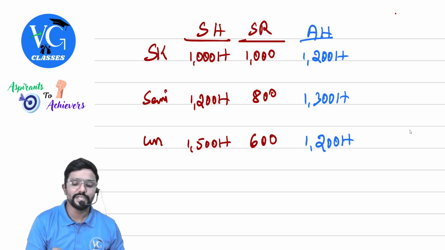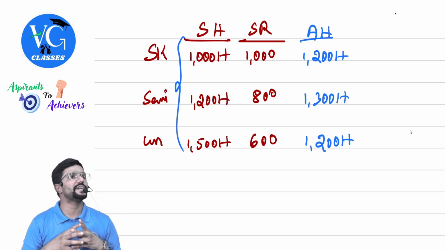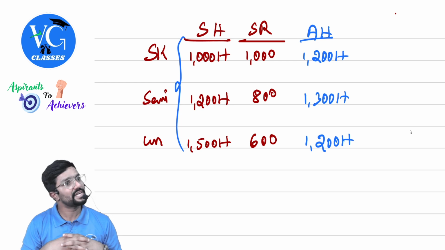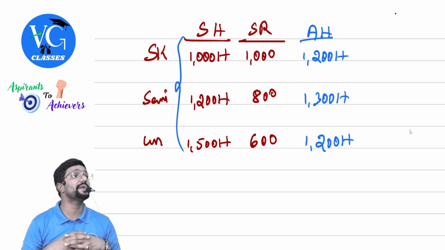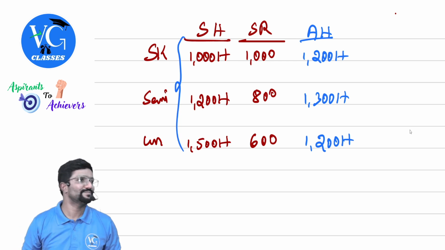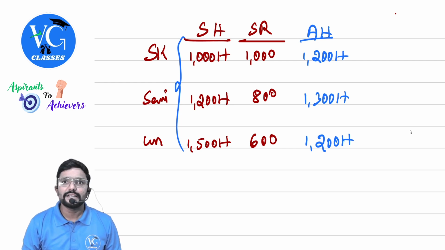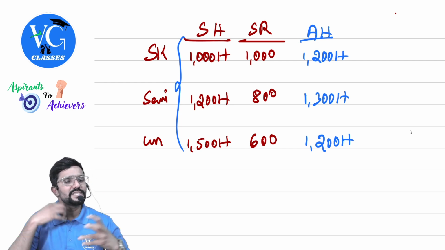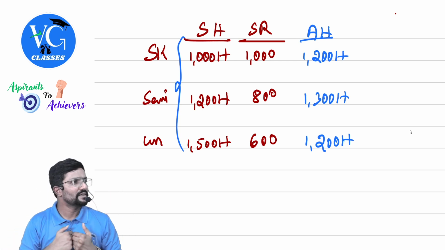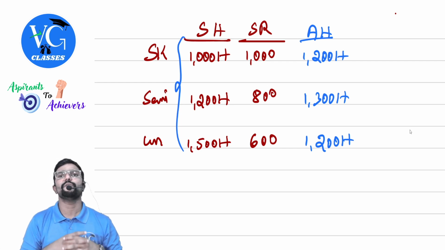We were supposed to use in the ratio 10 is to 12 is to 15, but we have used a different ratio. Due to this, will the payment change? Yes, obviously I would have ended up paying more because I have used the highest paid workers more. So due to the change in this composition, my cost is affected. That is called labor mix variance.